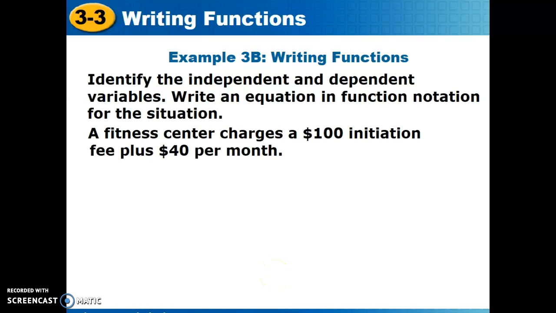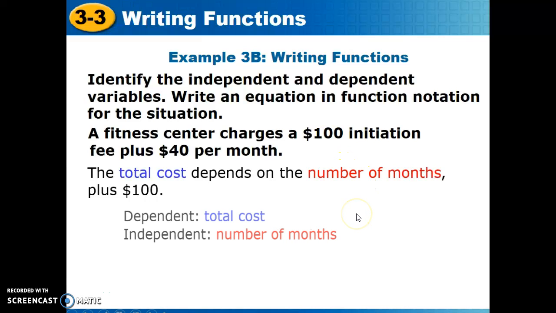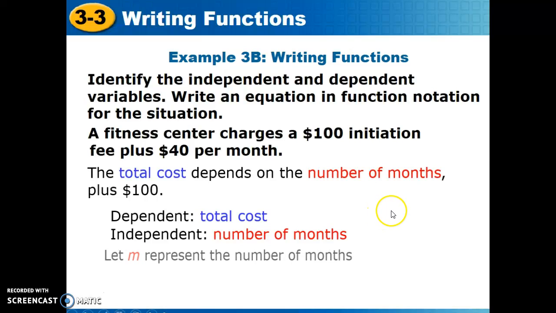Identify independent and dependent in this situation. A fitness center charges a $100 initiation fee plus $40 per month. Two things are happening. Time is passing and we're paying $40 per month, but we have to pay a one-time fee of $100. The total cost depends on the number of months, plus 100.